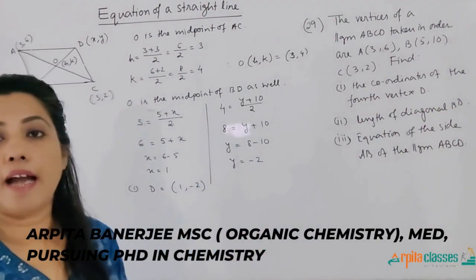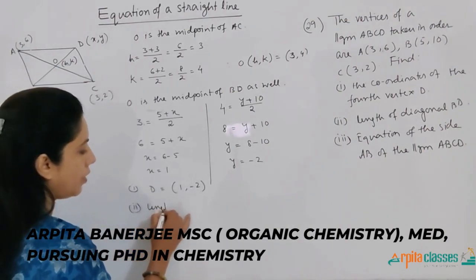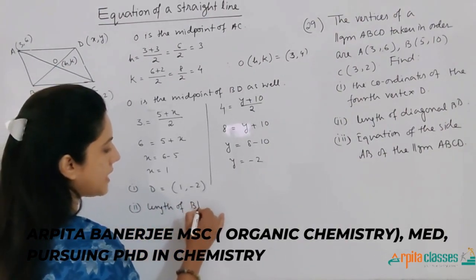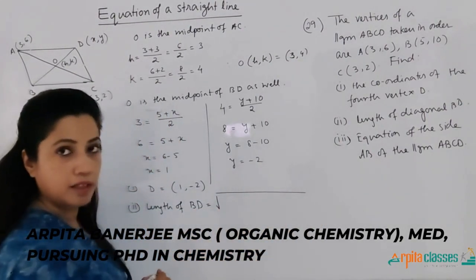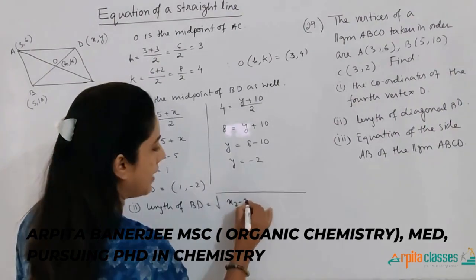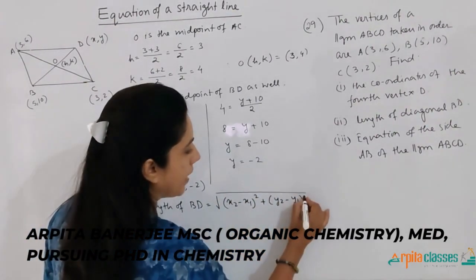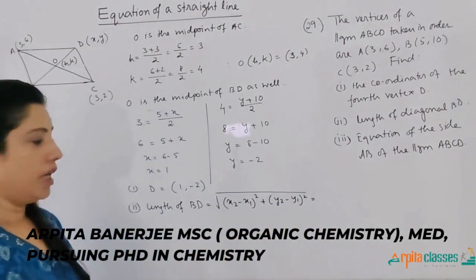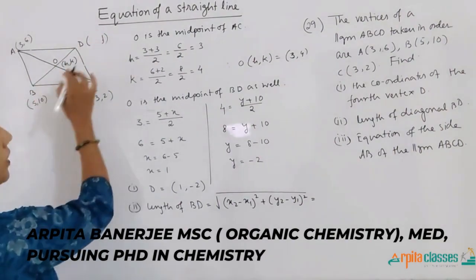Second is the length of the diagonal BD. The length of BD we will get by the distance formula. What is the distance formula? We did it in 9th standard. The distance formula is the square root of (x2 minus x1) the whole square plus (y2 minus y1) the whole square. So now B and D: D we got as (1, minus 2).